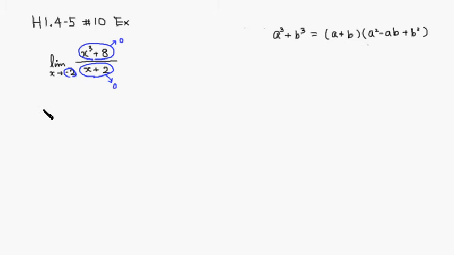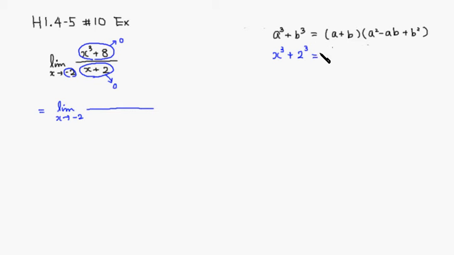All right. So first we want to factor the numerator. We still need to take the limit as x approaches -2, right? So you can see that x cubed plus 8 is the same thing as x cubed plus 2 cubed. So we can factor this using this formula.